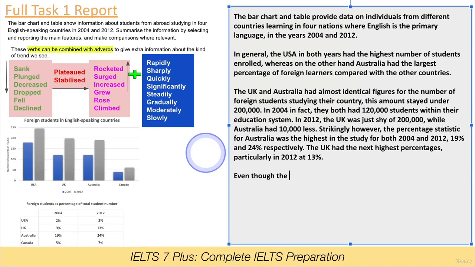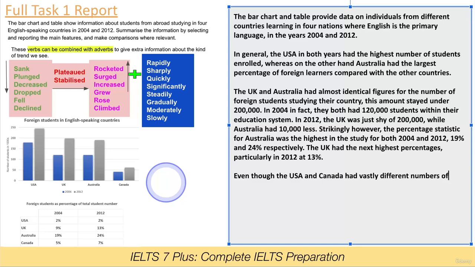Even though the USA and Canada had vastly different numbers of students, their percentages were the two lowest.